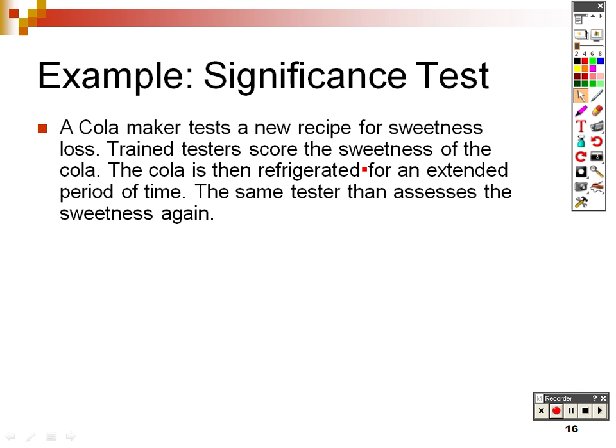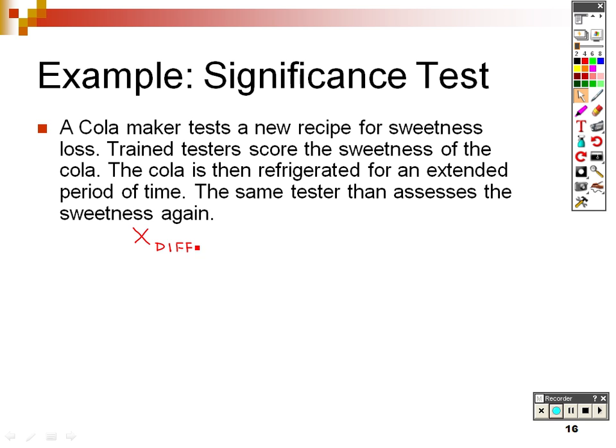And then they store it for months. And then they pull it out again, and the same trained testers will now once again measure the sweetness of the soda. And so you have a measurement before and a measurement after. What we're going to look at in this problem is the difference between those.